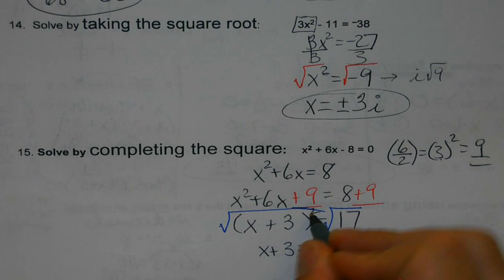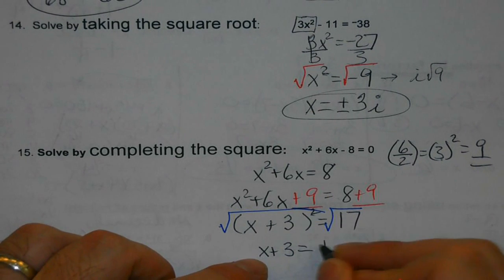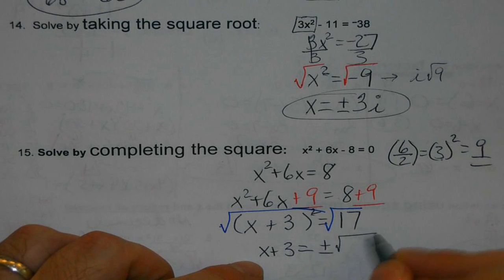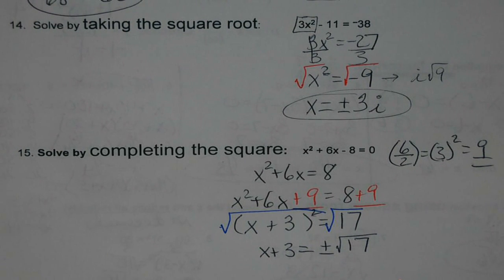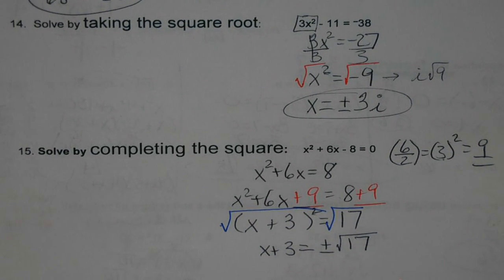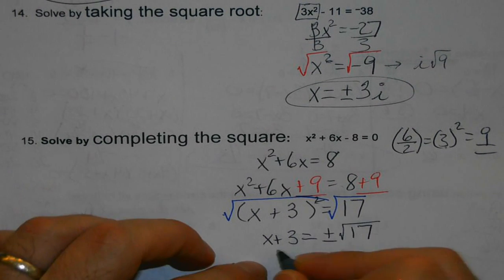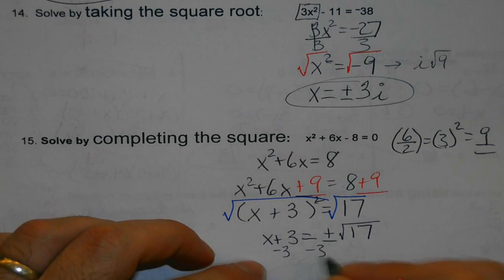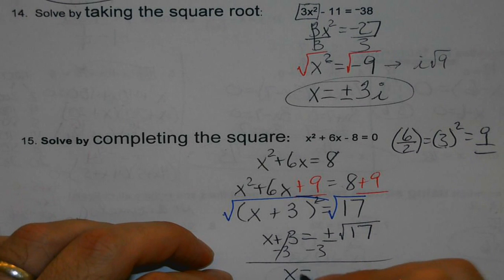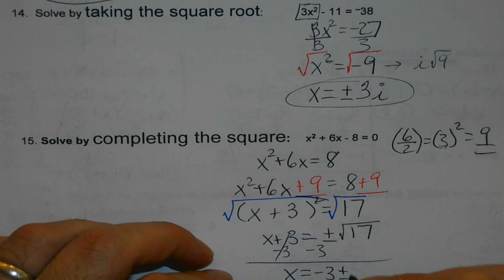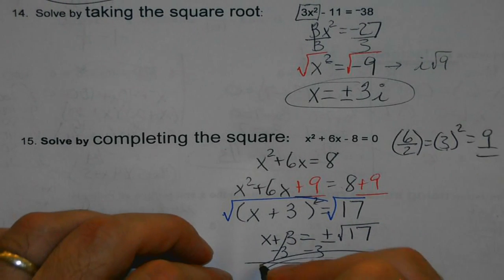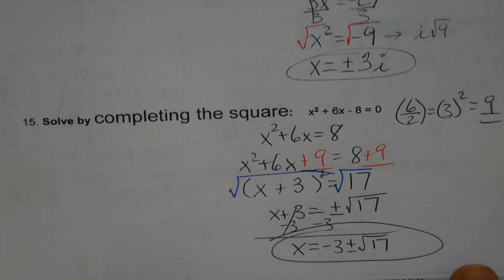It was a squared, though. It was a quadratic, so I got to have plus minus. 17 does not break down in a useful way for me. My last job is to get 3 out of there. Oops. Okay.